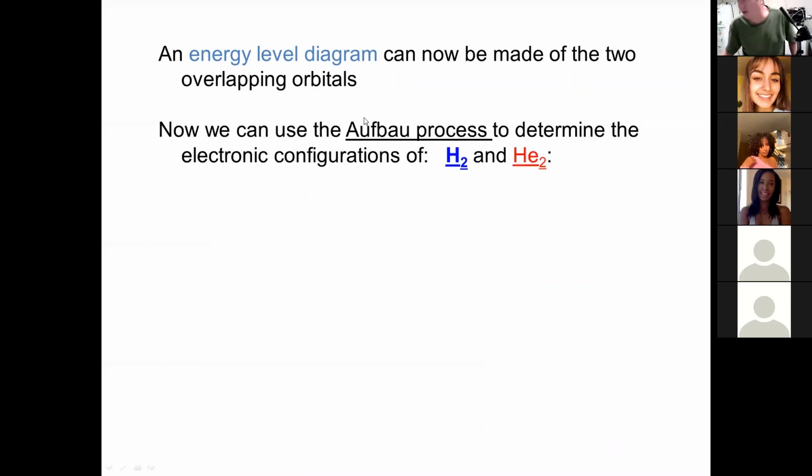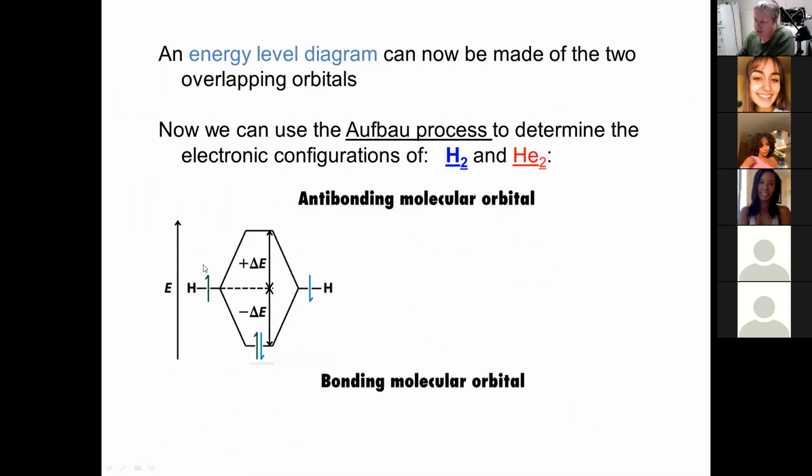Okay, so let's think about H2 and this theoretical molecule helium-2, which I'll give you a hint, does not exist, cannot exist. H2, though, we know is a good molecule, right? So in H2, you have the 2 hydrogen atomic orbitals, and they overlap to form either a bonding orbital or an anti-bonding orbital, right? The bonding is low energy, the anti-bonding is high energy.